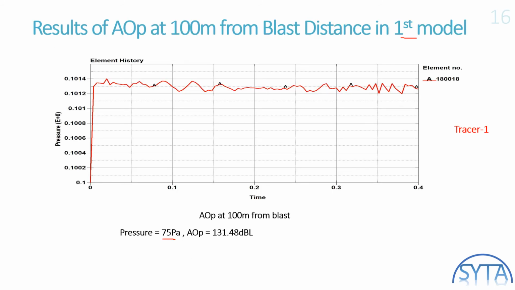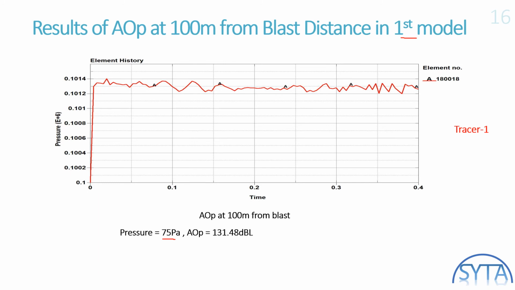These are the results of the air overpressure at 100 meters from the blast distance in model 1. In model 1 there are 2 tracer points. You can see in tracer point 1 in model 1, time is on the x axis in seconds, and the pressure is on the y axis in Pascal.